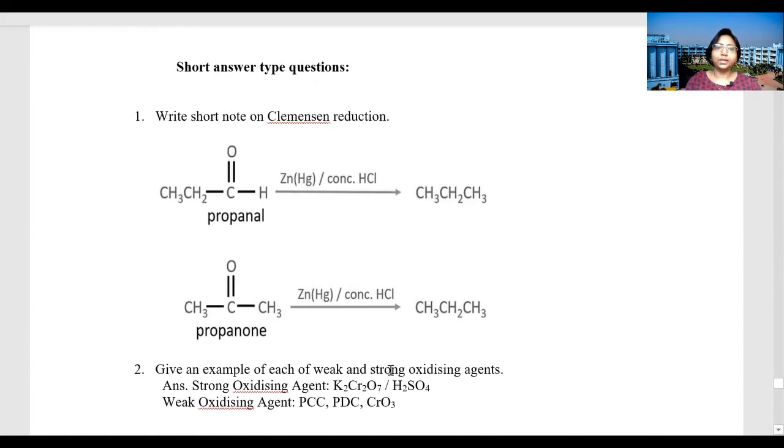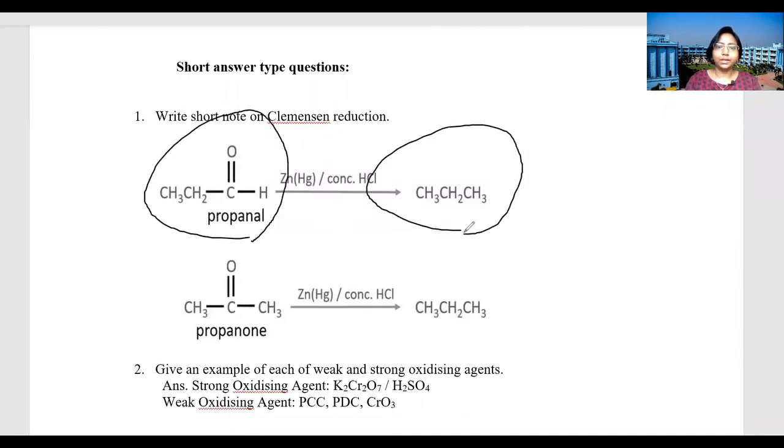So from the ketone we are getting the alkane. This is the ketone part and we are getting the alkane. Here also, in presence of zinc amalgam and concentrated HCl, we are getting alkane.